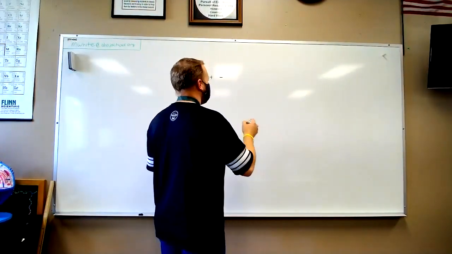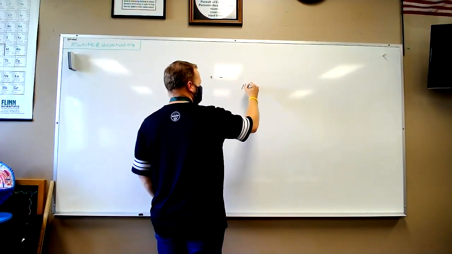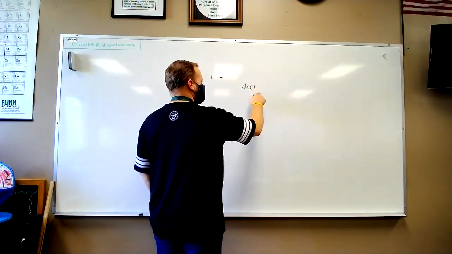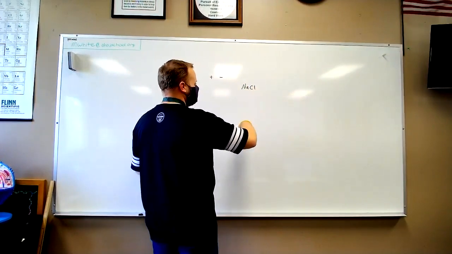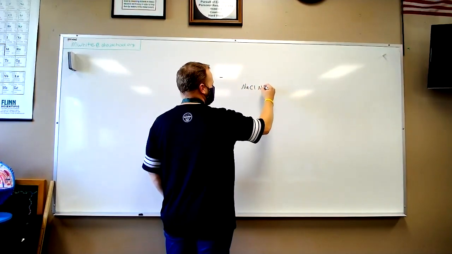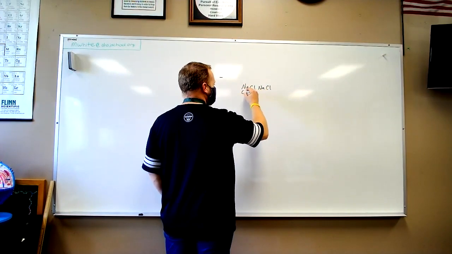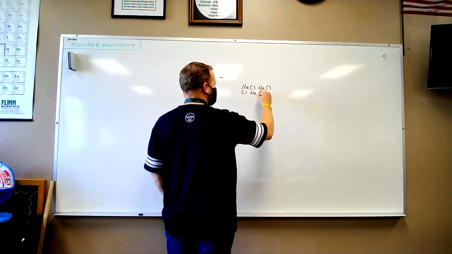And once again, if we have sodium, which is a +1, chlorine, which is a -1, we build these big crystals.